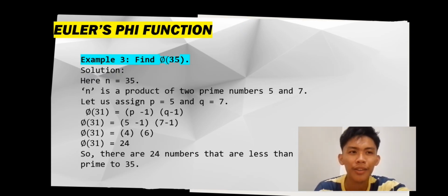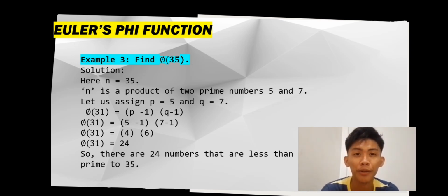Now let's proceed to another example. In our third example, find phi of 35. In this example, class, we can use the second case, where we use the formula p minus 1 times the quantity of q minus 1.